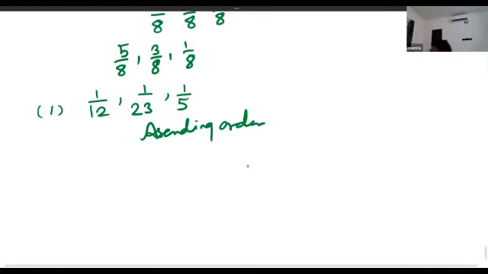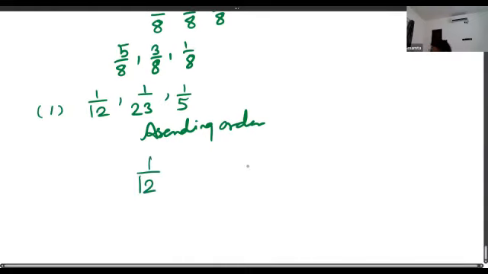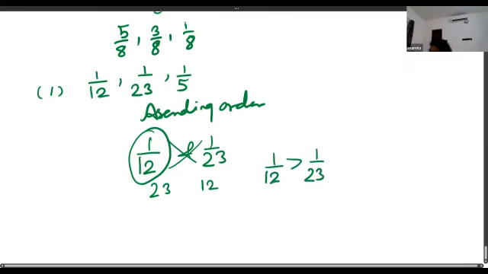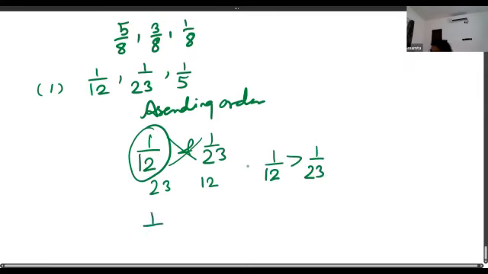See, children, how will you do? First, compare these two numbers, 1 by 12 and 1 by 23. Which number is larger? See, 23 and 12. Cross multiplication. 1 by 12 is larger. So 1 by 12 is more than 1 by 23. Understood, children? Now we will compare 1 by 12 with 1 by 5.